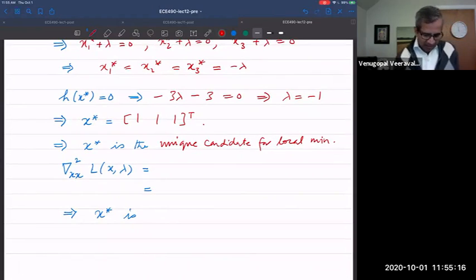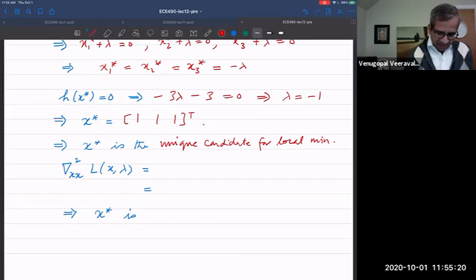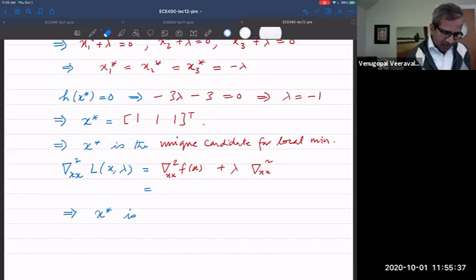So let's look at the Hessian of the Lagrangian. The Hessian of the Lagrangian is the Hessian of f plus lambda times the Hessian of h. There's only one h, so there's no hi.